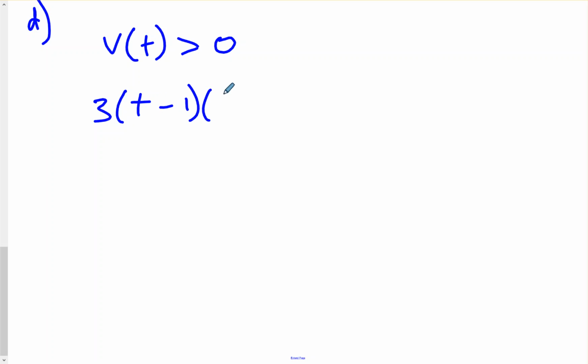The particle is going to move forward in the positive direction when velocity is greater than 0. So when we take our velocity function, let's do the factored version, when that's greater than 0.